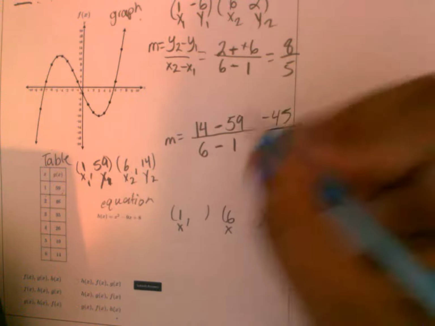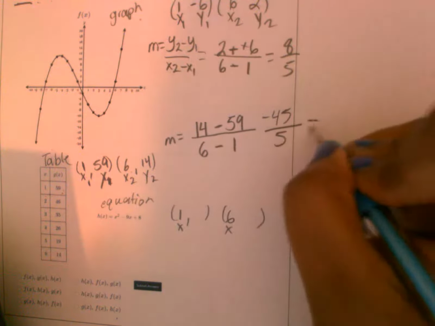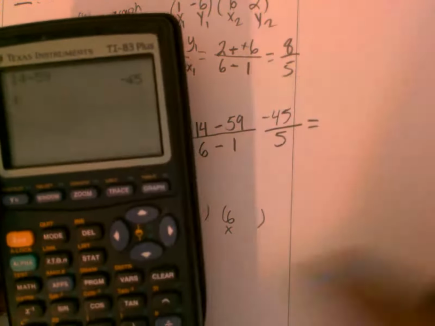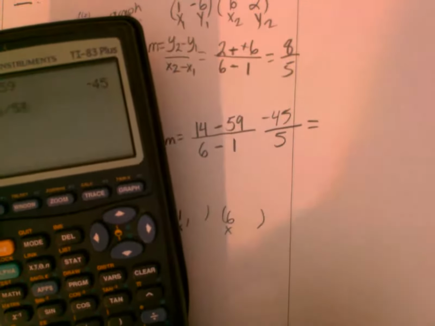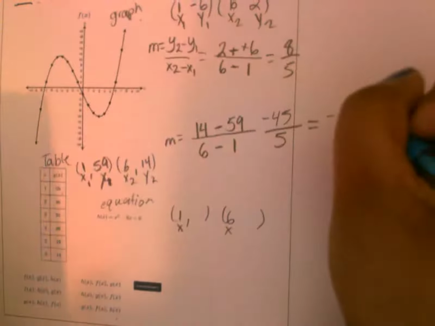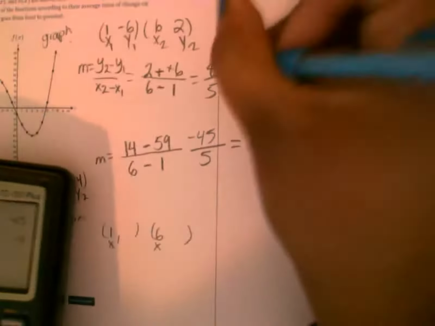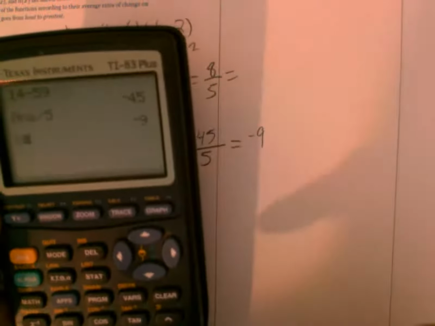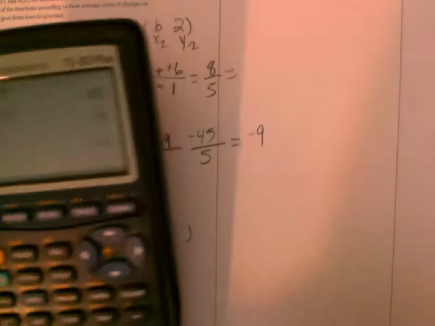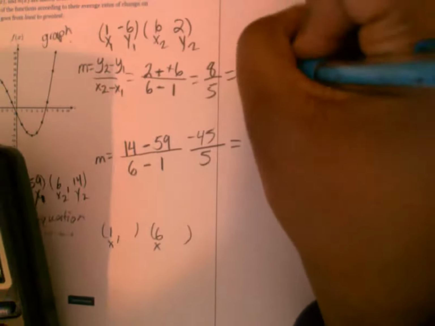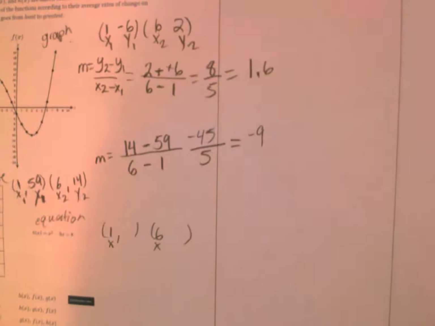And on the bottom, that gives me 5. So, of course, if I do negative 45 divided by 5, everybody knows that's going to give me a negative 9, right? I should have went on and did this as a decimal, shouldn't I? 8 divided by 5, because I got to compare it anyway. This is 1.6. All right.